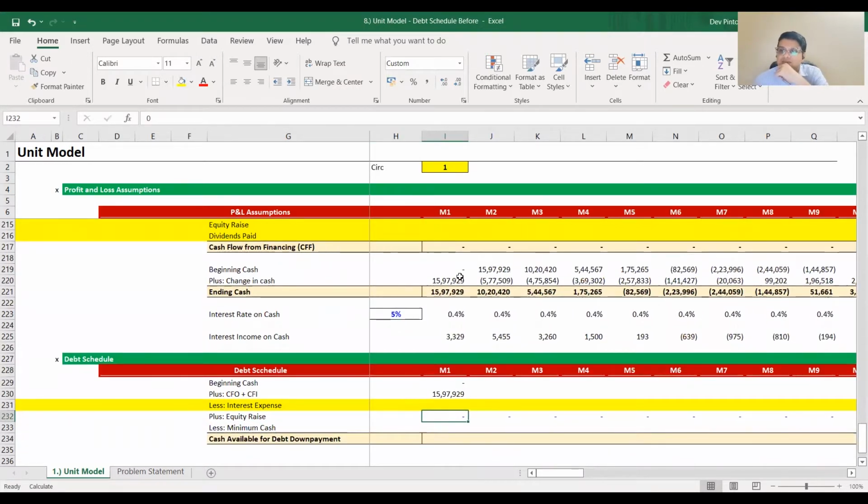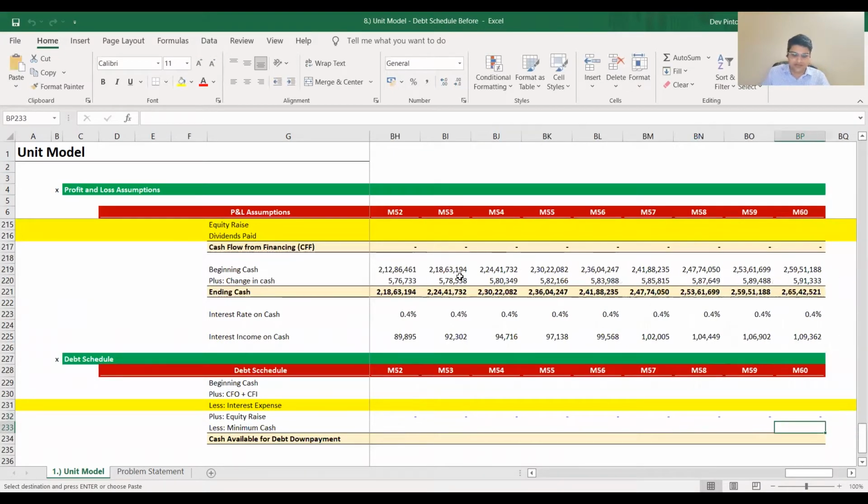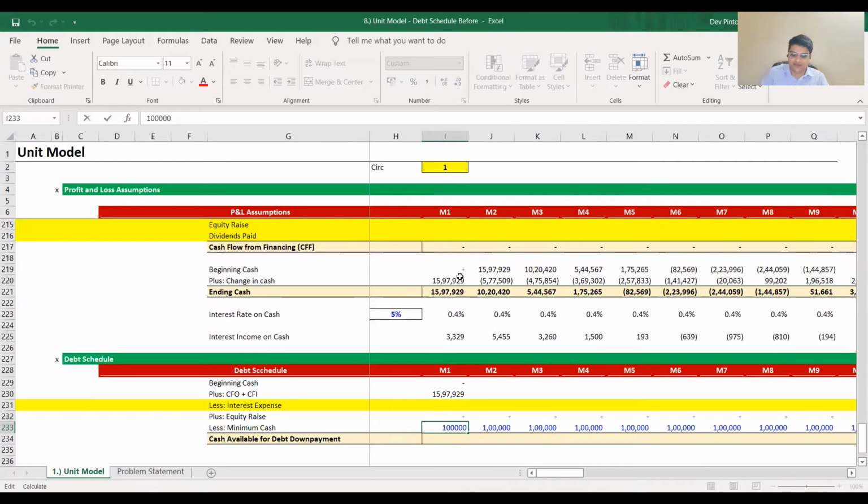Minimum cash, right? What is the minimum amount of cash that I need to have at any point in time? Right now, let's just assume it to be, say, 1 lakh. Again, no logic for it right now. We will come to this a little later. Let's keep this as 1 lakh. So it should be minus, right?